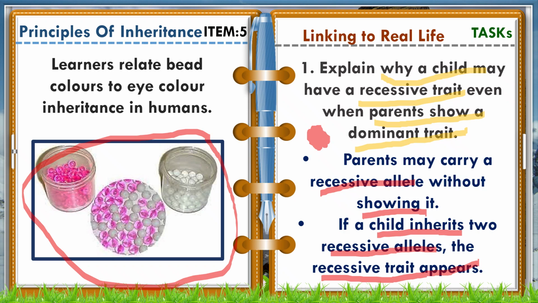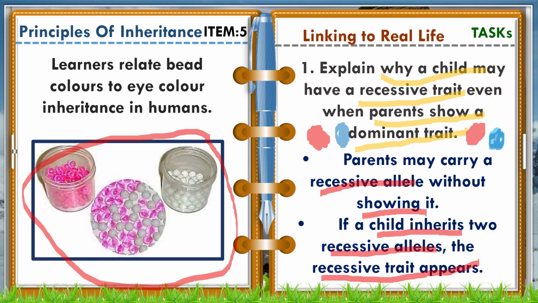They have one gene which is red and another gene which is blue. Okay, that is parent 1. And then parent 2 also has a red gene, and she also has a blue gene. Okay, she has got a blue gene, but their eye color is red.